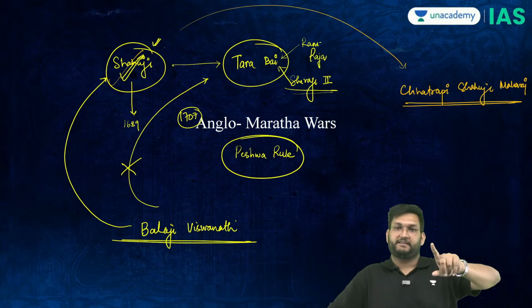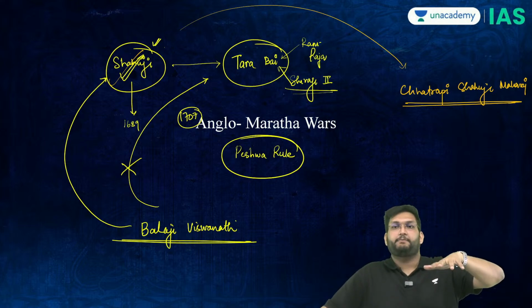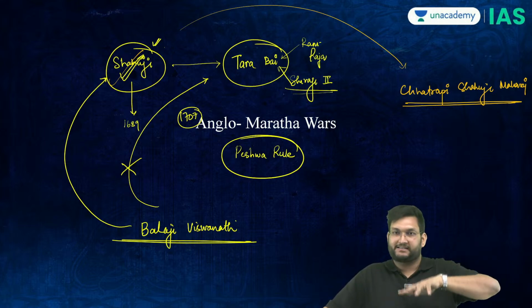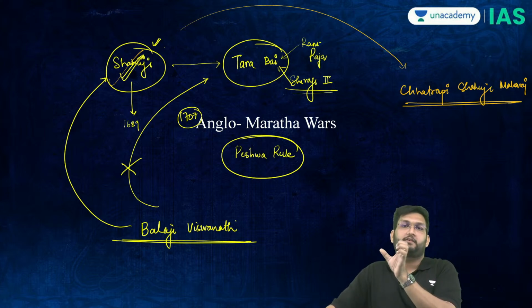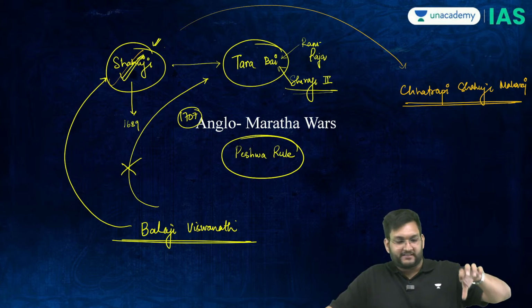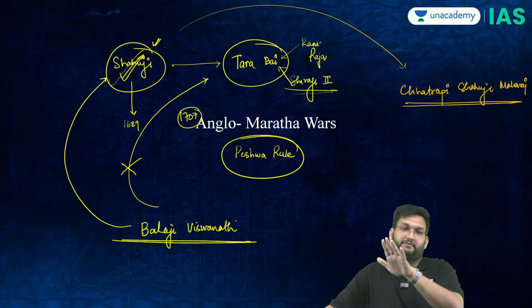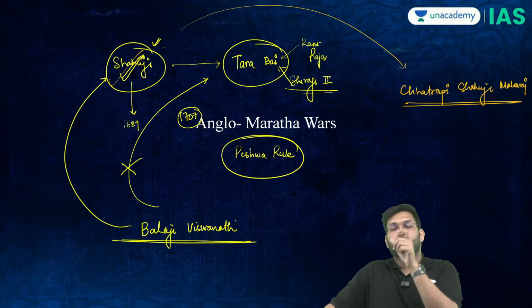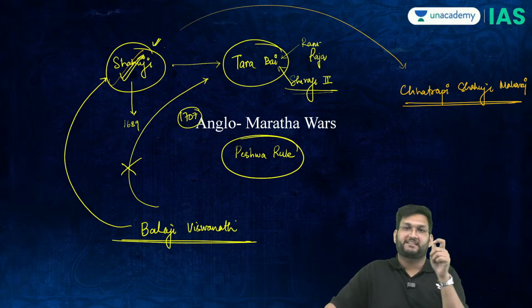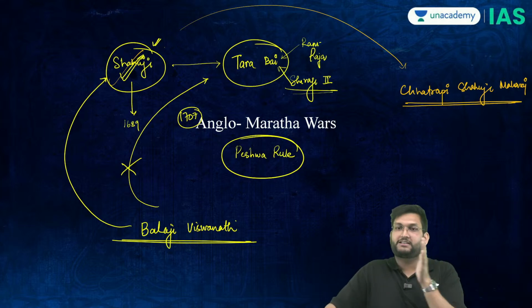I'm again repeating myself. Once the Mughals are able to make inroads into the Maratha sector, Tarabai was ruling in the name of Shivaji II. Once Shahuji, who was in captivity since 1689, is released in 1707 after the death of Aurangzeb, he will come back to Maratha politics, which will in turn lead to a war of succession, or a civil war, within the Marathas itself between Shahuji and Tarabai.